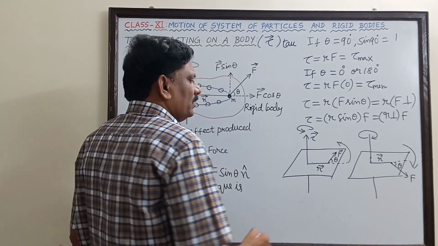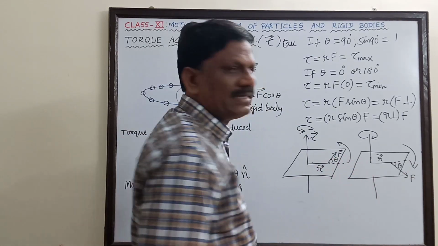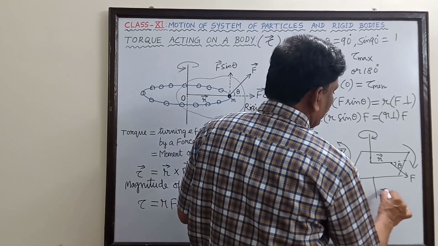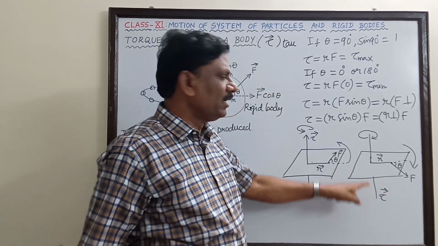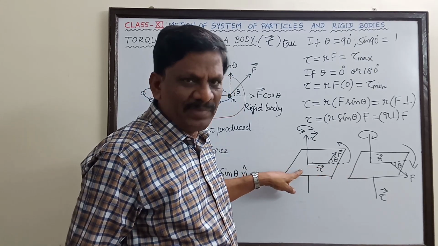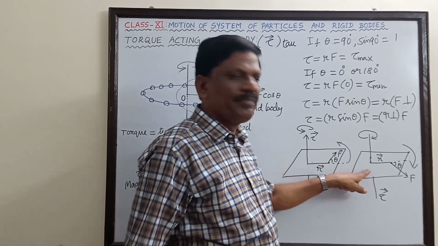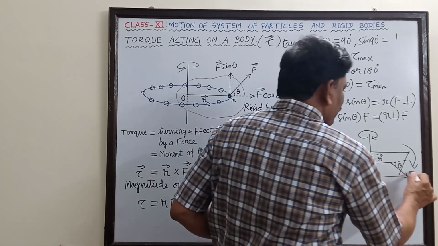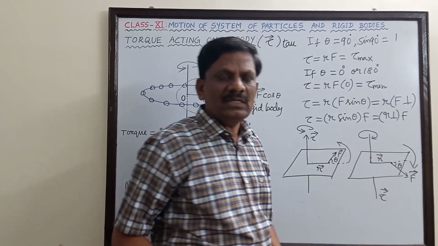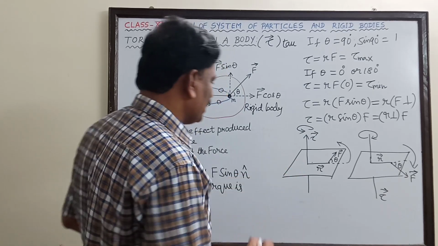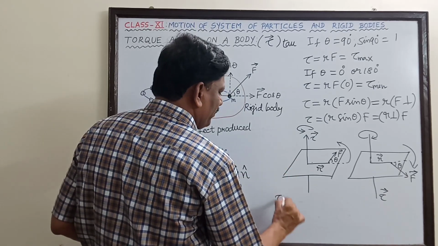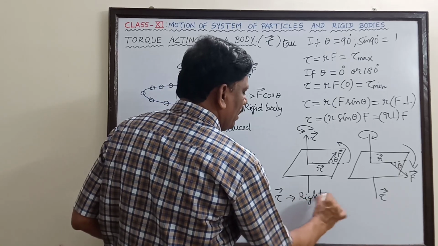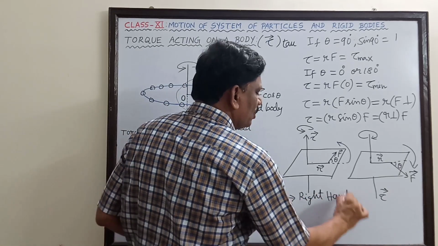Understand that? But in both cases, you can see that this tau vector is perpendicular to the plane of the paper, or perpendicular to the plane which contains the two given vectors, R vector and F vector. So this is the direction of torque. The direction of torque is given by the right hand rule or right hand screw rule.